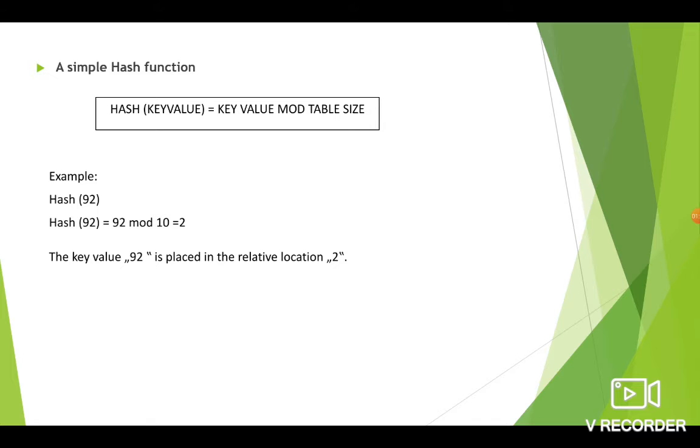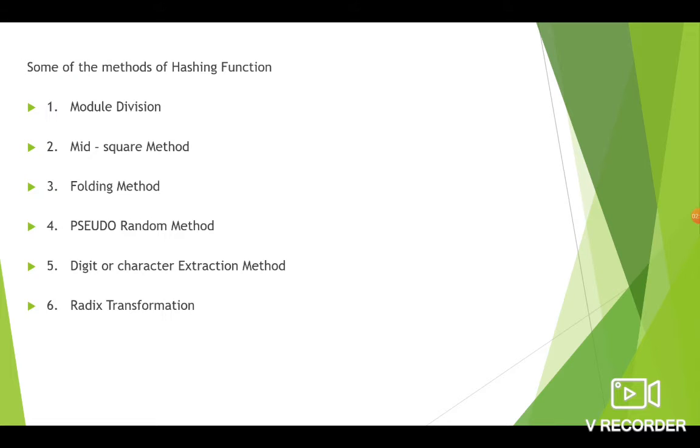Here the table size is 10, so 92 modulus 10 gives the value 2. Which means that the key value 92 is placed in the relative location 2. This is what happens in a hash function.